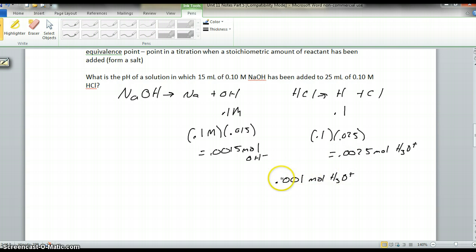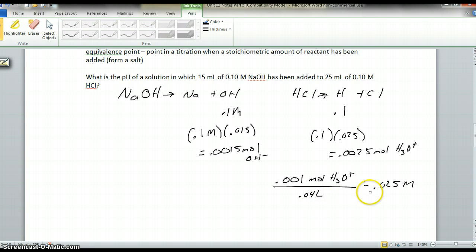So that's the amount of moles of hydronium you have once this acid and base are neutralized together, divided by the volume. Well, we took 15 milliliters of sodium hydroxide and 25 milliliters of HCl and added them together. So we had 40 milliliters, or 0.04 liters, that this is dissolved in. So that means that our concentration of hydronium is 0.025 molar, because there's 0.001 moles per 0.04 liters.